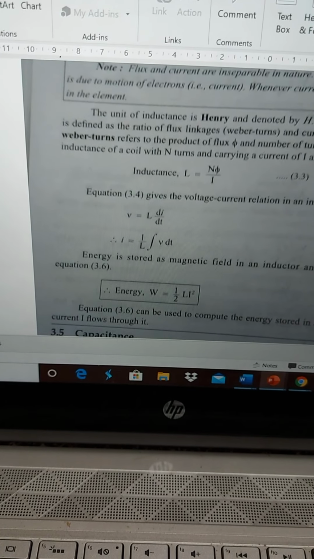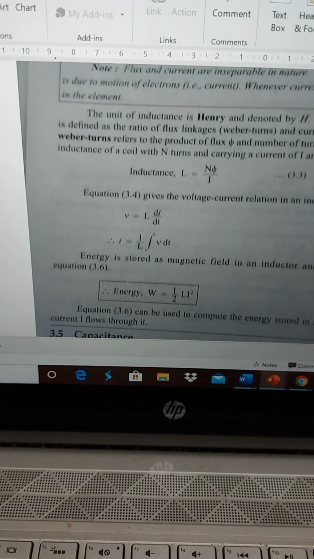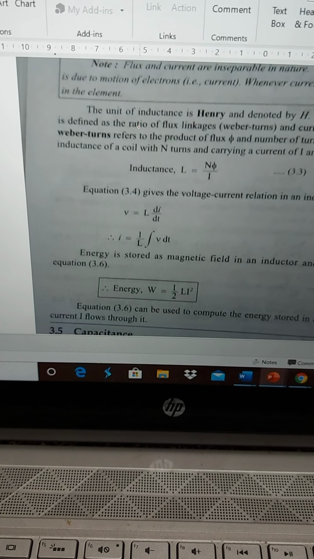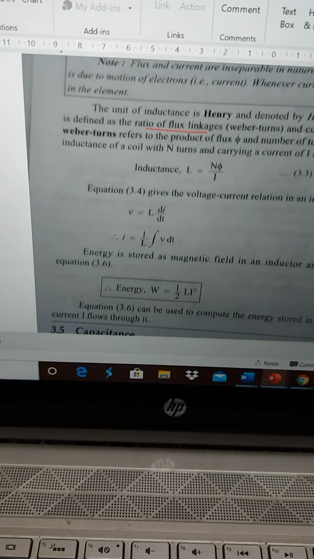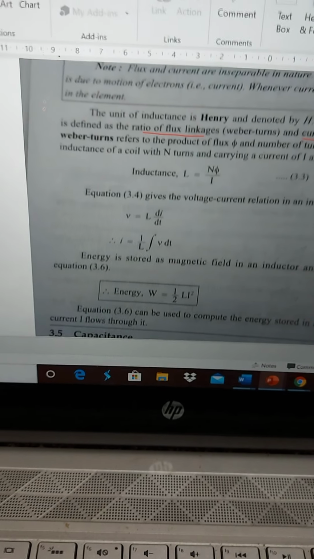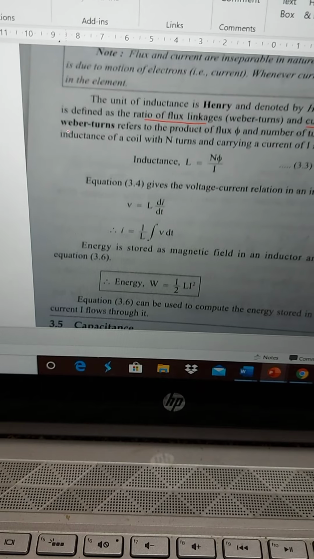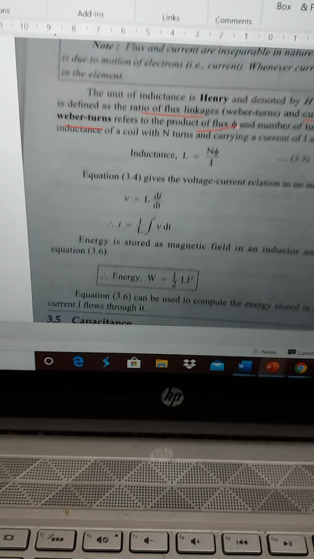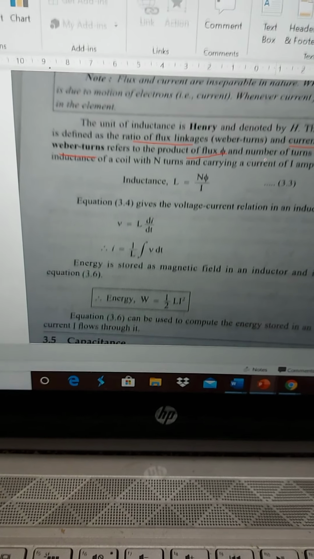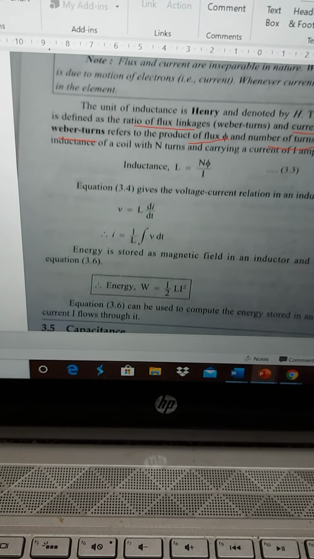So the unit of inductance is Henry, and inductance is defined as the ratio of flux linkage to the current through the coil. There is also a term called Weber turns. Weber turn refers to the product of flux phi, always denoted by phi, and the number of turns n of a coil.